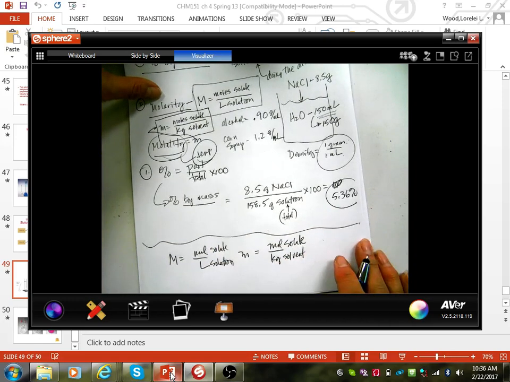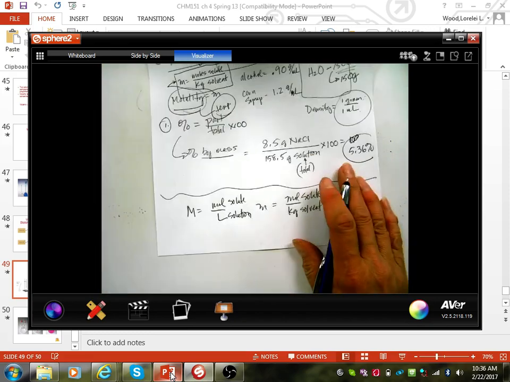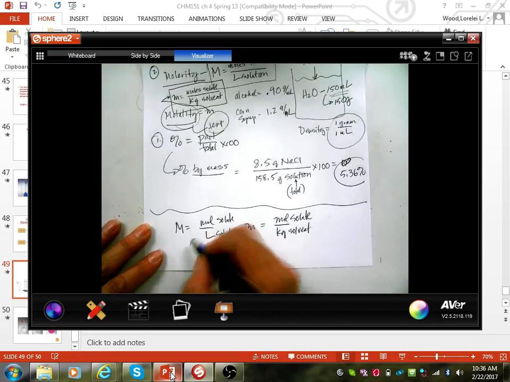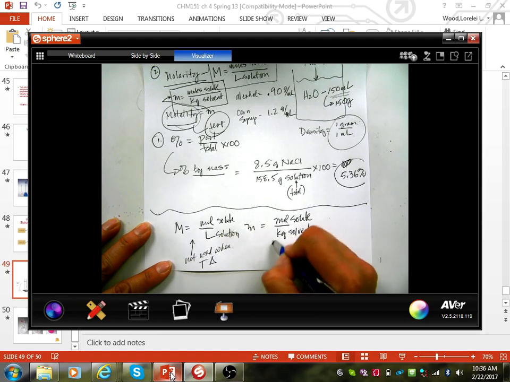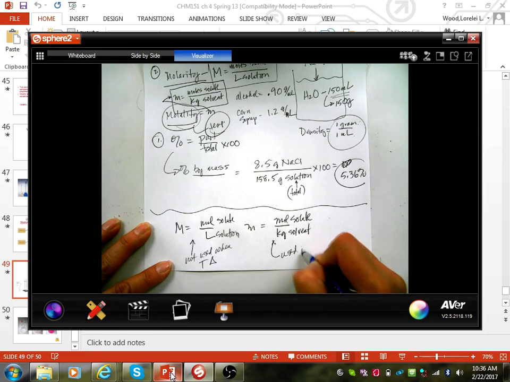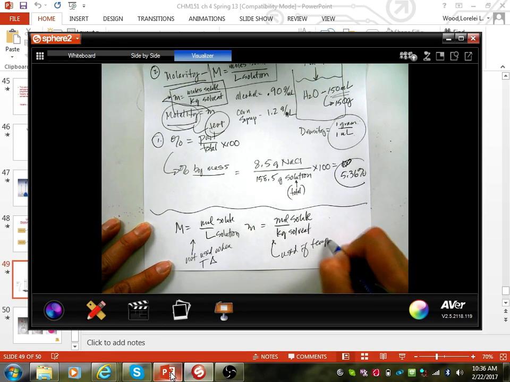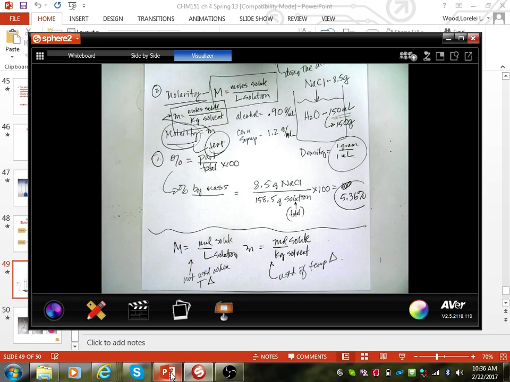What would make a difference when temperature changes? Why would temperature matter, what would change about molarity if temperature changed?